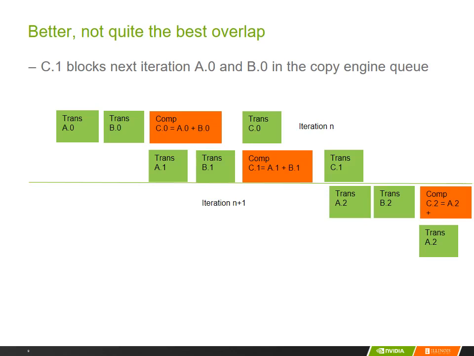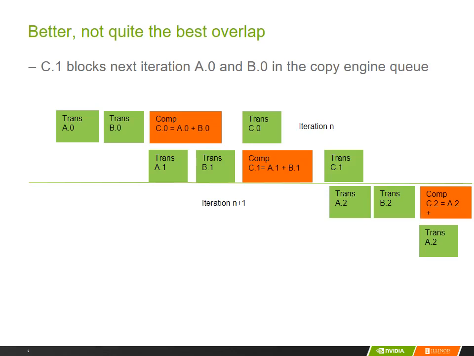Unfortunately, because the transfers of those two A and B chunks are entered behind the memory transfer for C1 in the copy engine, they will be trapped behind C1 and cannot be released until C1 is released into execution.